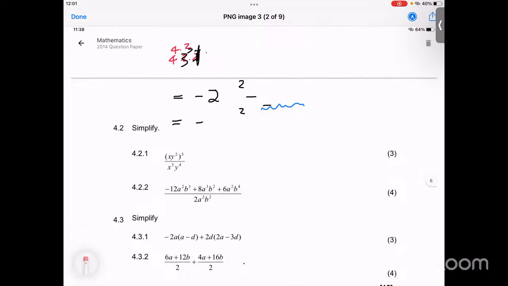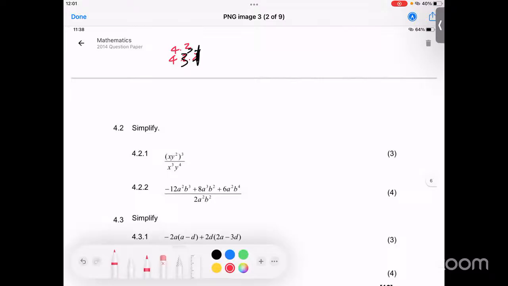I'm just going to remove all of that. Okay, then it's fine.